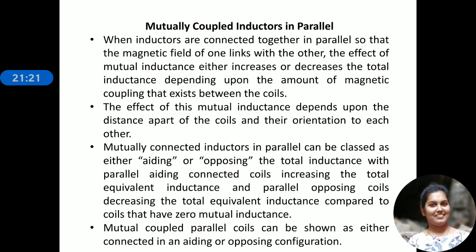So the effect of this mutual inductance depends upon the distance apart of the coils and their orientation to each other. Okay, so mutually connected inductors in parallel can be categorized into two types, aiding or opposing.